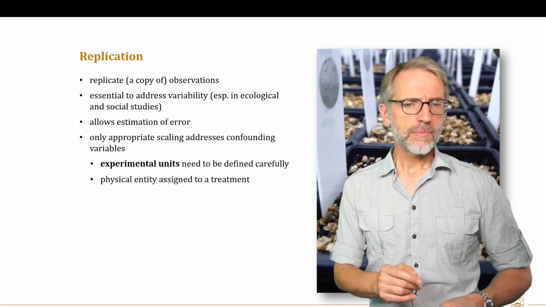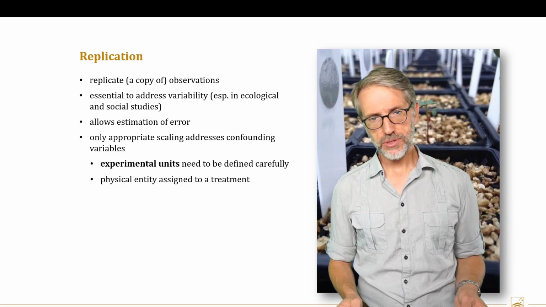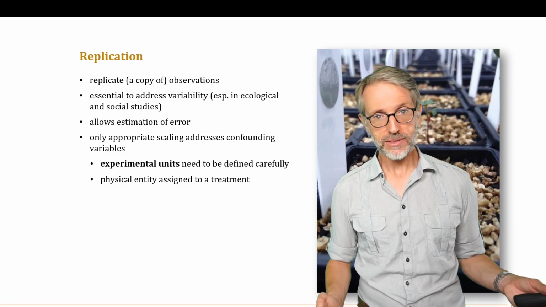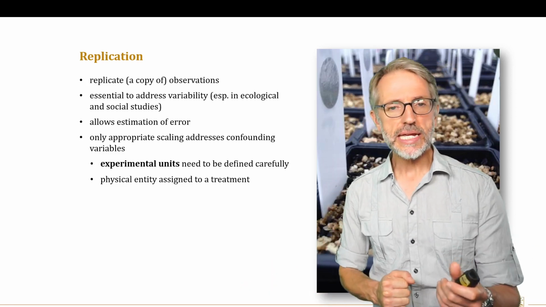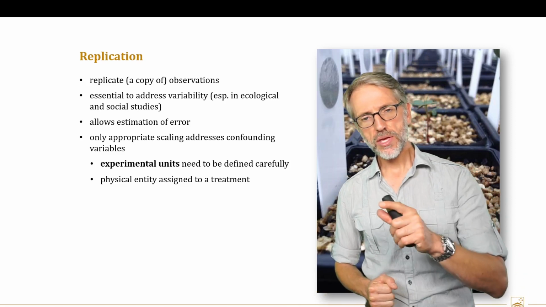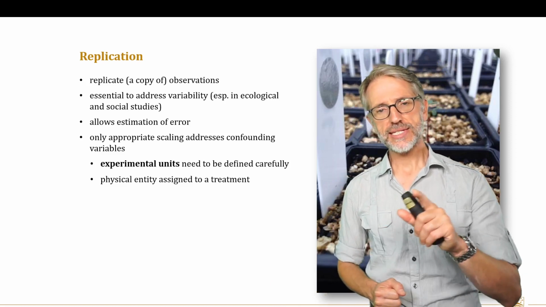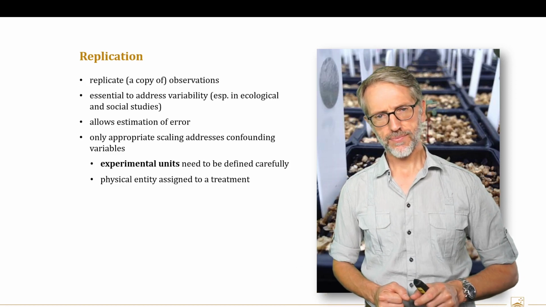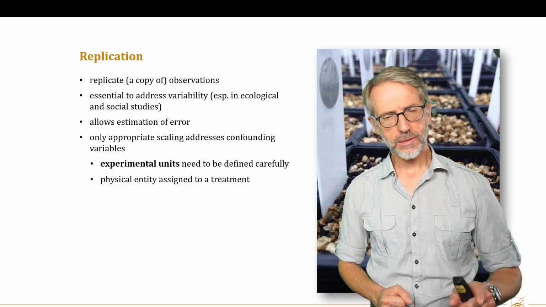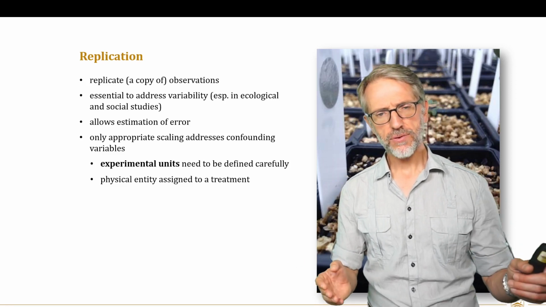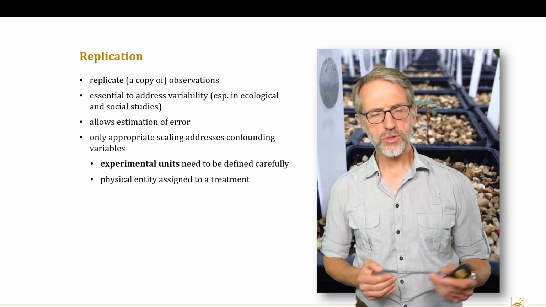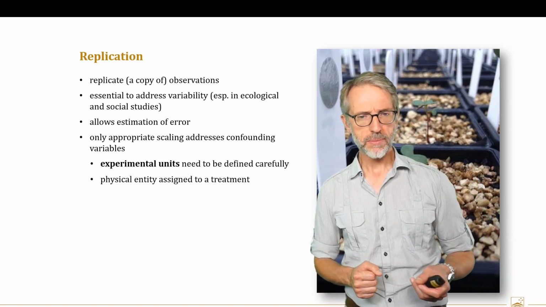That is, for example, if we wanted to compare between aspects on Black Mountain, then we need to make sure that we replicate at the scale of transects, not at the scale of plots. So let's say, for example, we wanted to compare between north and south aspects on Black Mountain.